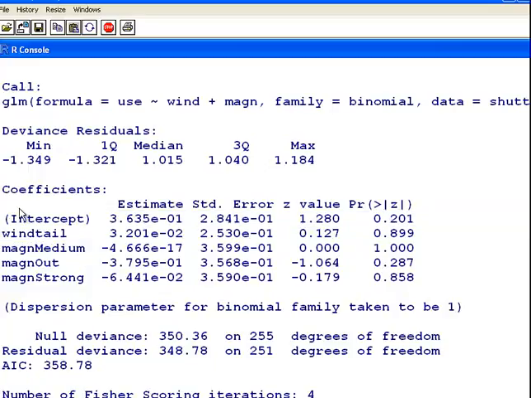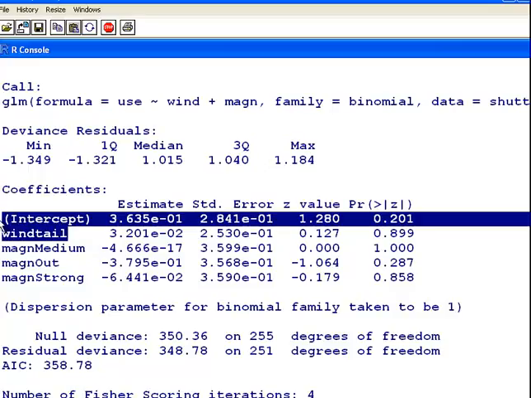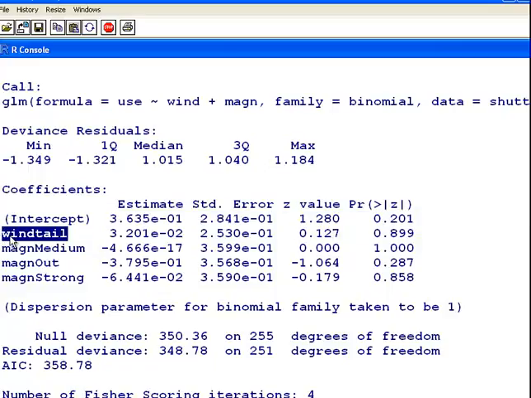So essentially the intercept is the main effect, and everything else is written in relation to the intercept. We don't want an intercept in our model. We want to see all of the levels of all of the factors.